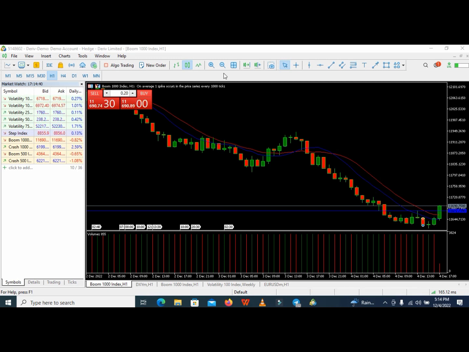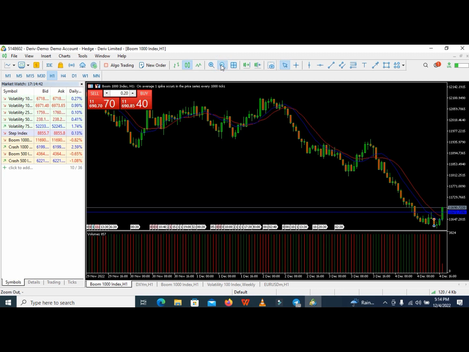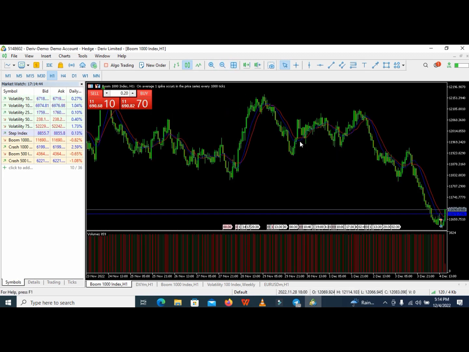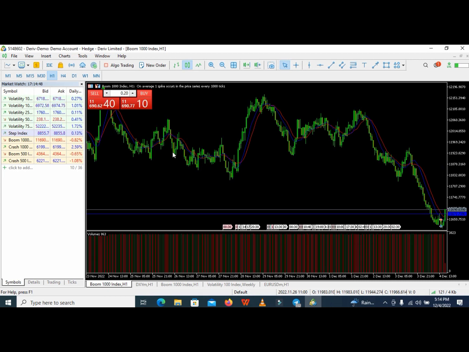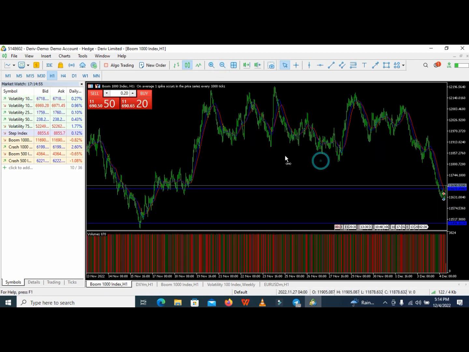So basically I'm going to take you through how to place a trade and the things to consider when you are placing a trade. What you have to do is first of all look at the trend and see whether it's a downtrend, an uptrend or a range.